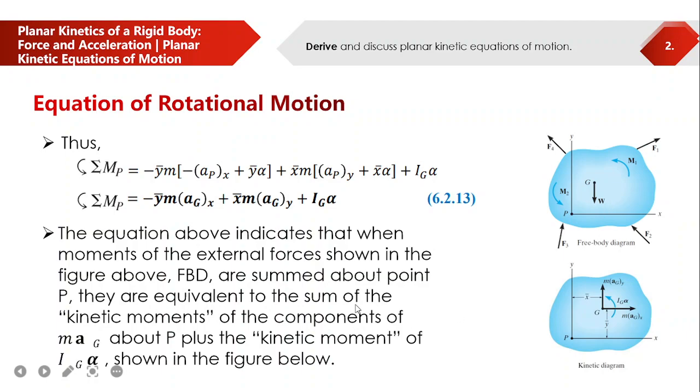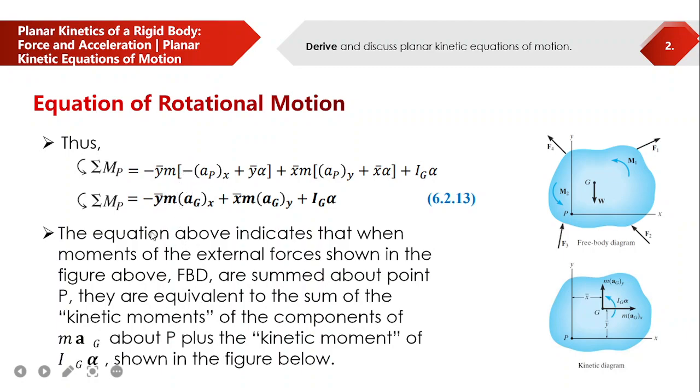So that will be the sum of the kinetic moments of the components of m a sub g about P plus the kinetic moment of I sub g alpha.